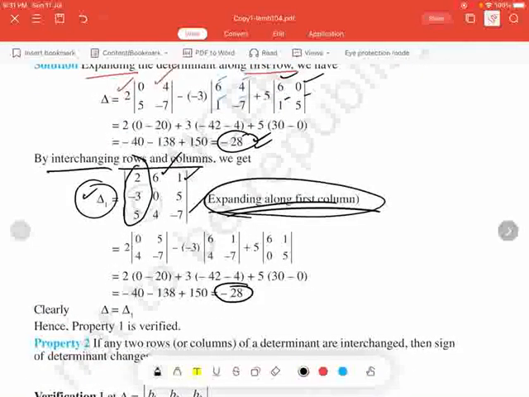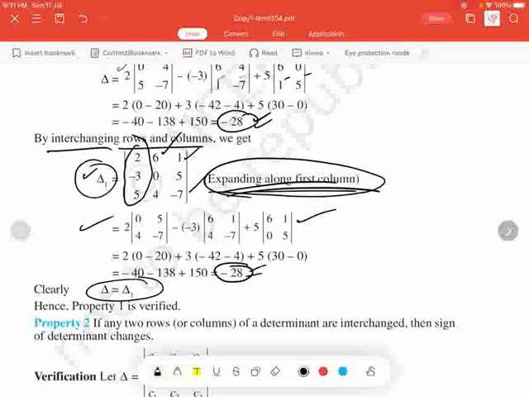Expanding it for the first column, we are getting -28. So, verified.